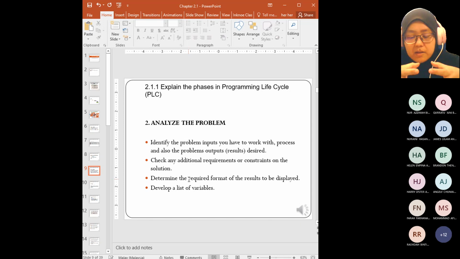Input ialah masuk. So we have a process. Dalam proses itu, you need to have an input. Input have to go in. Okay, output have to go out. Boleh? Input have to go in and output have to go out.